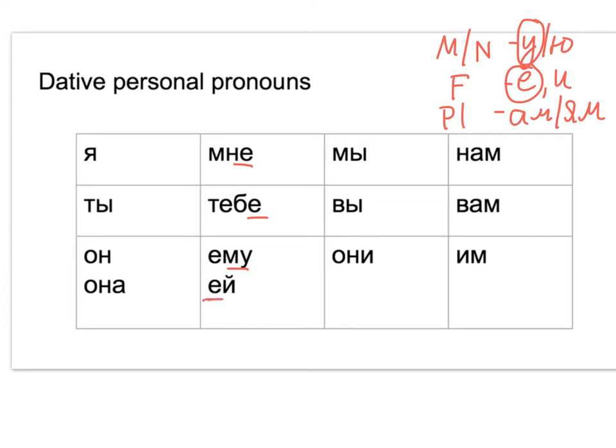And maybe we can identify the e sound in there. Мы becomes нам. Вы, вам. And of course, it's not by chance that they rhyme with each other and that they correspond with am. The M theme also continues with они in dative becoming им.